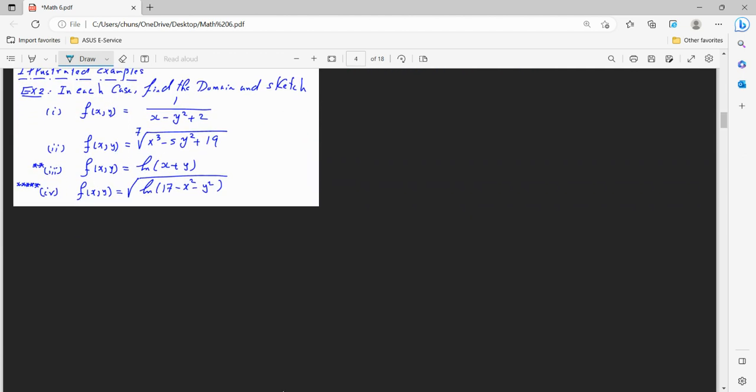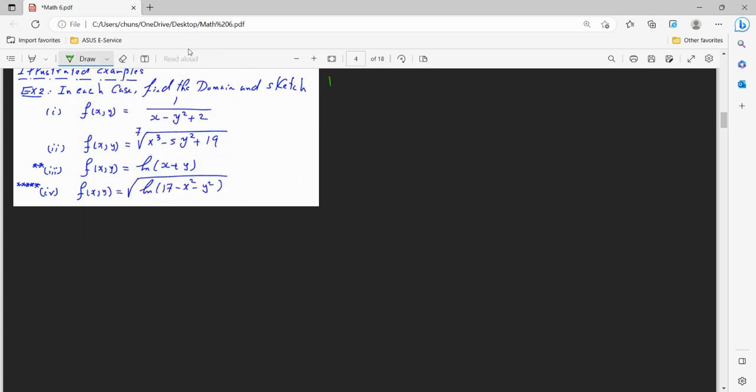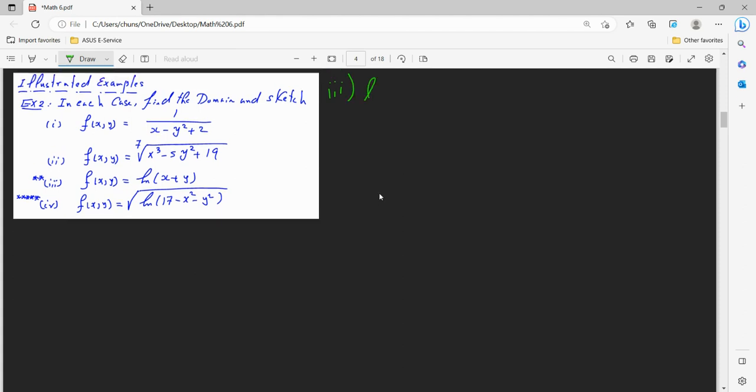Okay, in our third example, we are given the natural log of x plus y. And we know that ln 1 equals 0. ln can't be negative, and ln can't have 0.